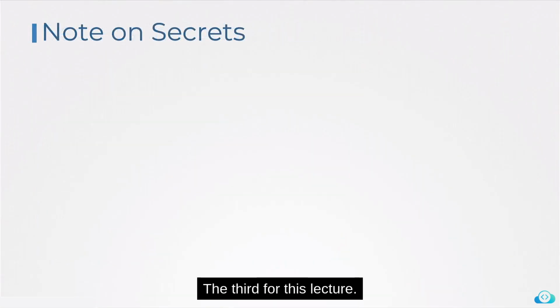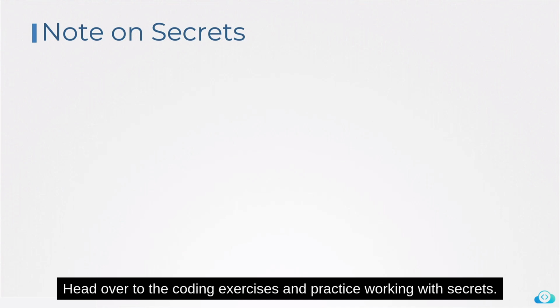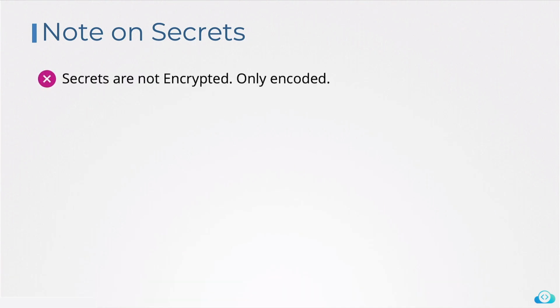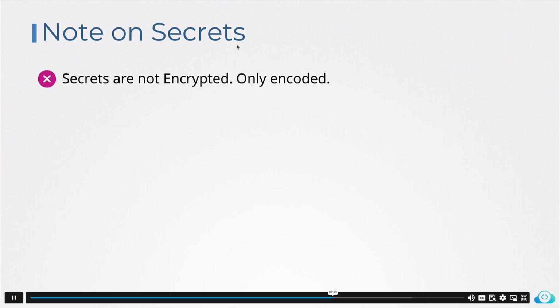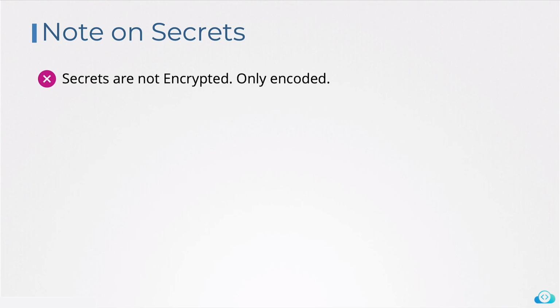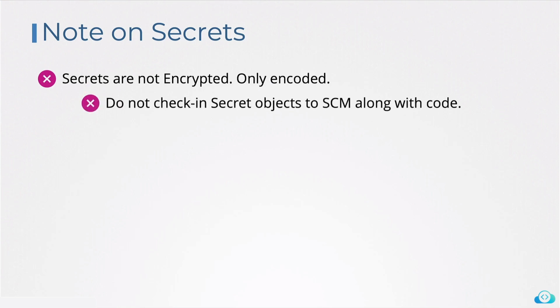So here are some things to keep in mind when working with secrets. First of all, note that secrets are not encrypted. They're only encoded, meaning anyone can look up the file that you created for secrets or get the secret object and then decode it using the methods that we discussed before to see the confidential data. So remember not to check in your secret definition files along with your code when you push to GitHub or something.